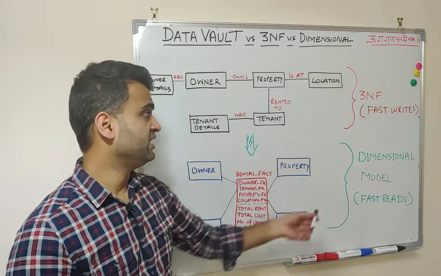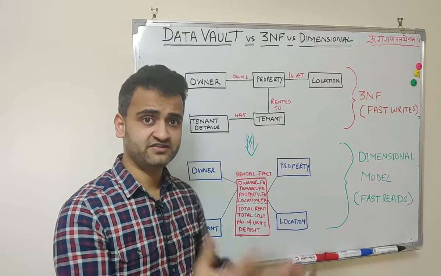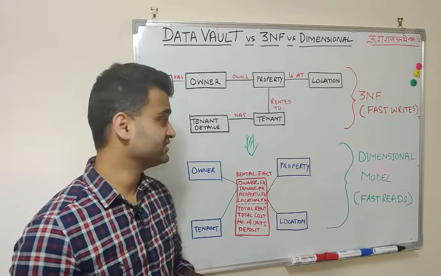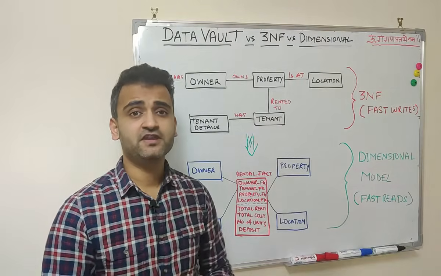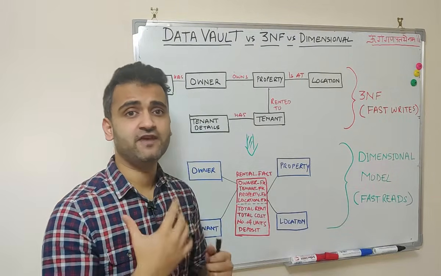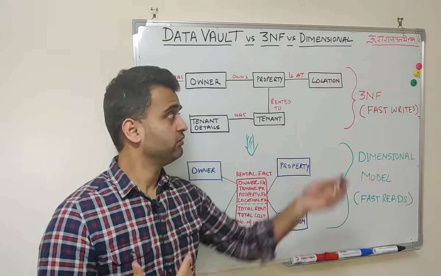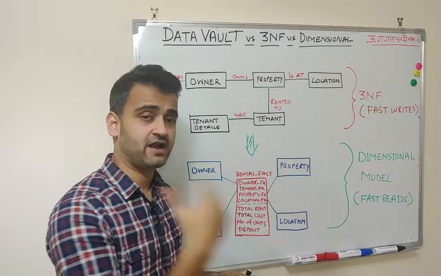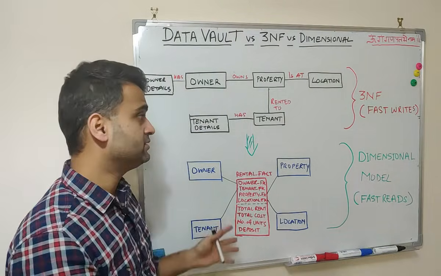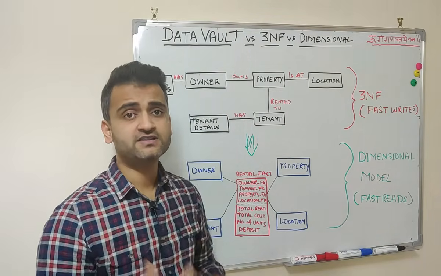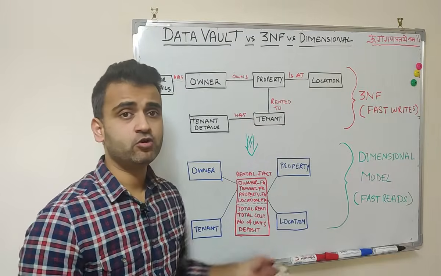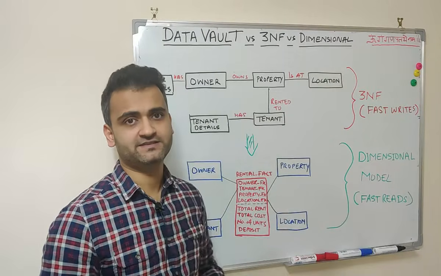That's why the data model designed for that specific purpose is called a dimensional model, wherein you derive the dimensions and the facts and model it in such a way that the reads are fast. So in a third normal form, you can write faster. In a dimensional model, you can read faster, and the data model also provides very good business context to the business users.